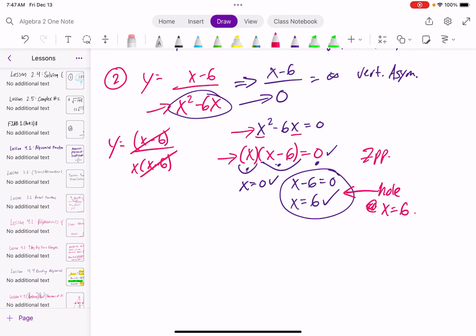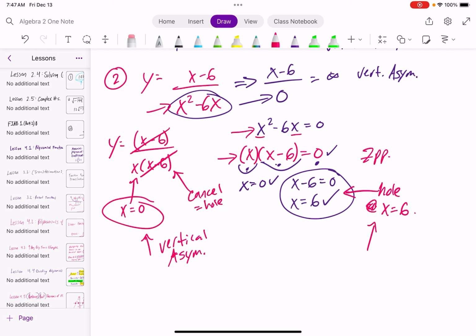And the only thing that's left over is the x. So for this to be 0, x must be 0. This is your answer. That is your vertical asymptote, because x equals 6 was a hole, because they canceled out. If they cancel out, that's where your hole is going to be.